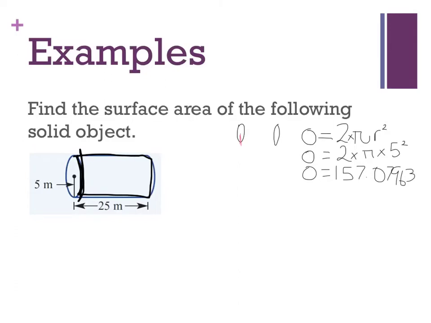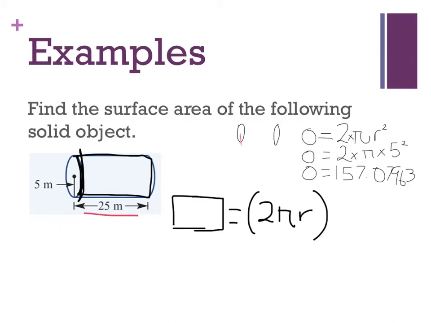I know that the circumference of a circle is done with the formula 2 pi r. And I know it'll be that answer times my other side of my rectangle, which is 25. So let's try this. 2 pi r, or 2 times pi times r, times 25.